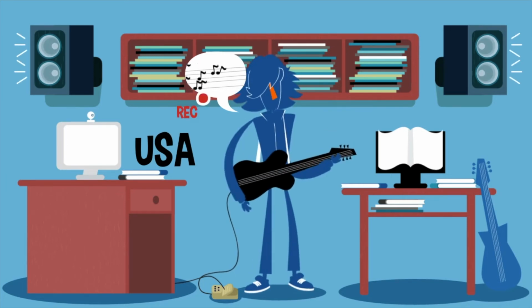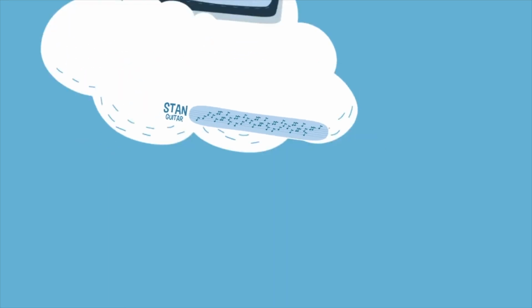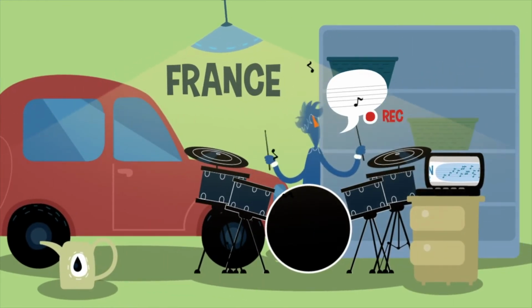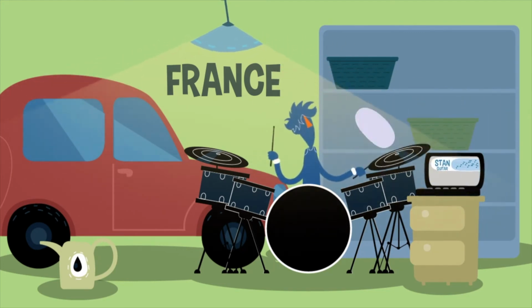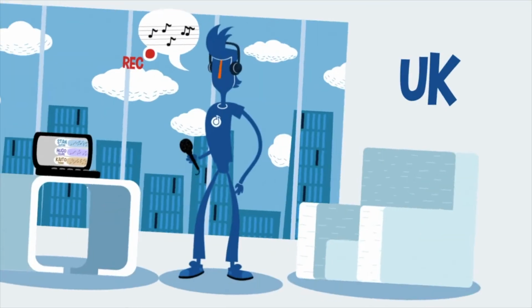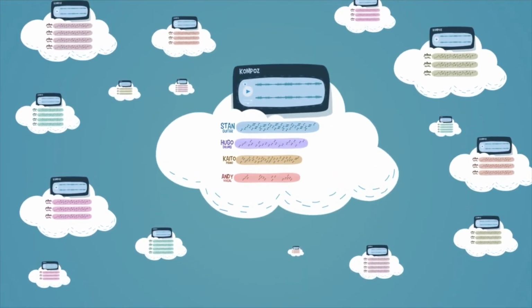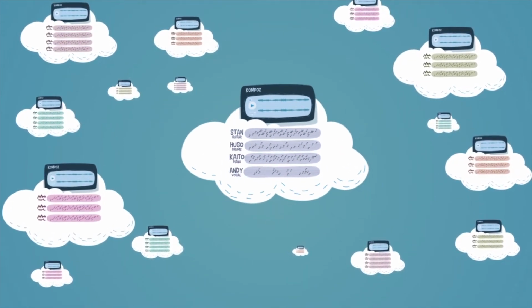Upload your recorded track to Compose and then invite others to join in. You may get a drummer in France to add a sweet groove to your song. Invite a keyboard player, or maybe a vocalist. Your song will evolve in ways you could never have dreamed, or explore others' songs and jump right in with your ideas.